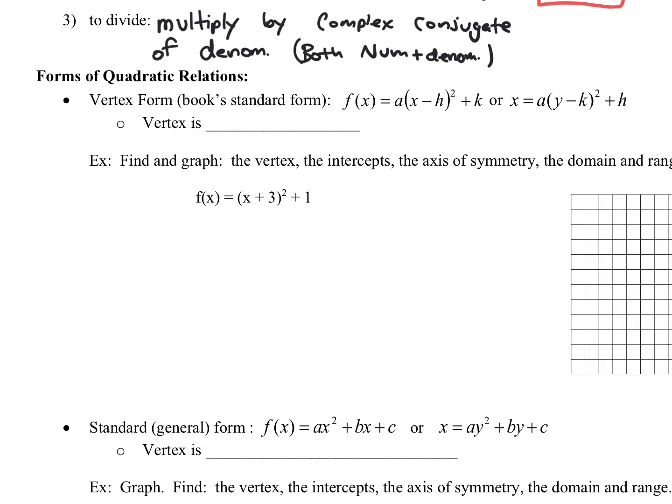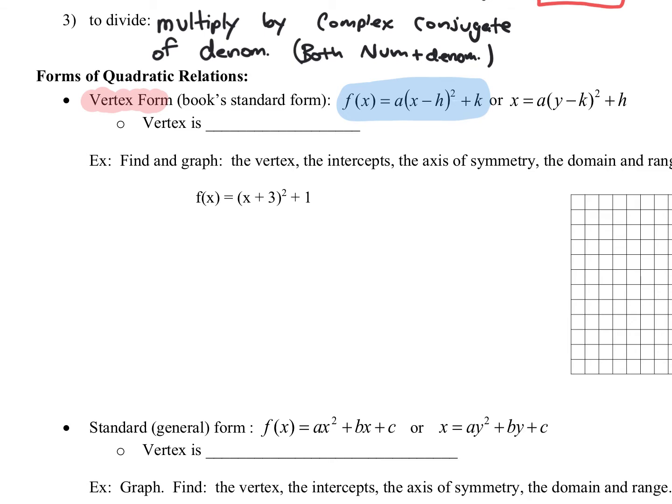Let's talk a little bit about quadratic forms in general. Now, our book refers to this as standard form, but more often we will call this vertex form. And what you can see here, vertex form involves a few constant values.